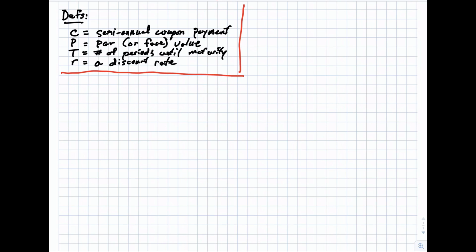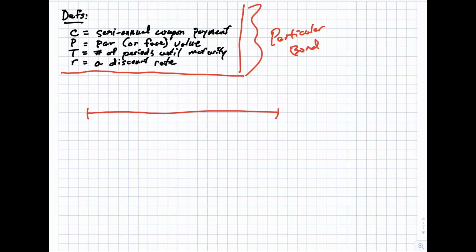And so if we know all of these things are true for some particular bond, we can go straight to a timeline as we did before, and it's going to look like this with T periods.